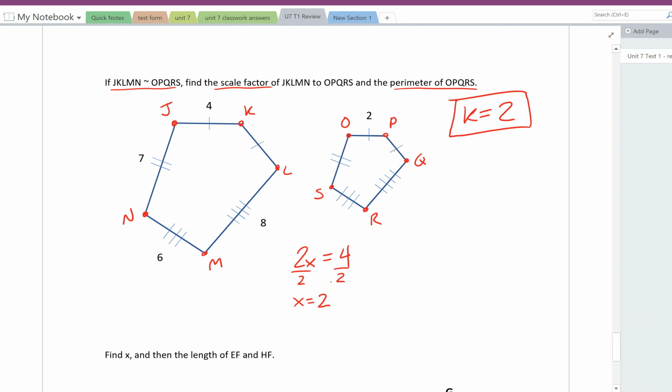What other information do I know? Well, these slash marks through the sides indicate which sides are congruent. And so one thing I know right away is that if OP is 2, PQ is also going to be 2, because both of those sides have 1 slash mark through them.